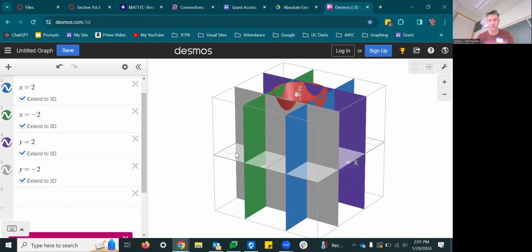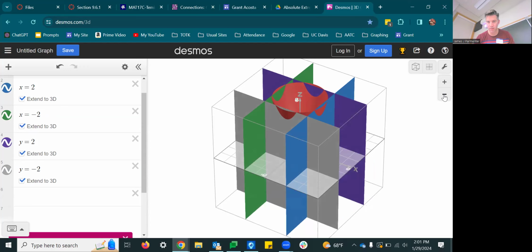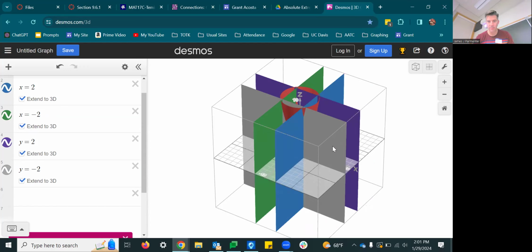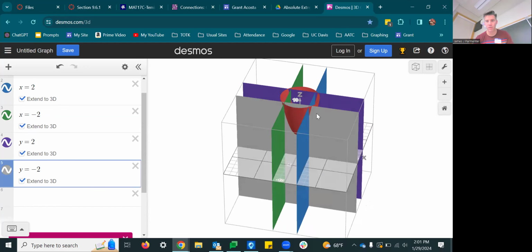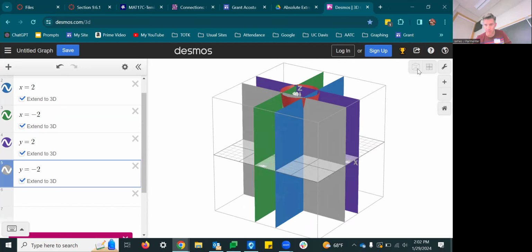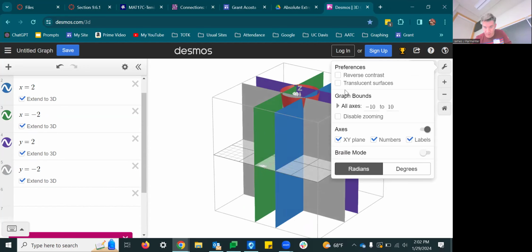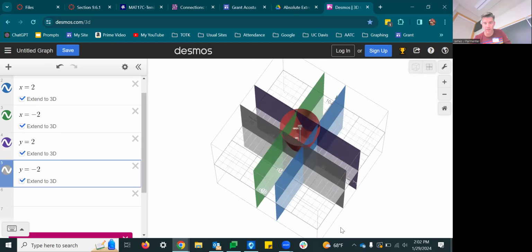And you can see here, if you zoom out just a little bit, on the corners there, right there, right there, right there, right there, that's where the graph in that box is the highest. And then, if I can make things translucent here, and then kind of in the middle, right?